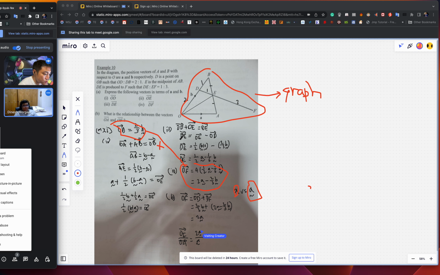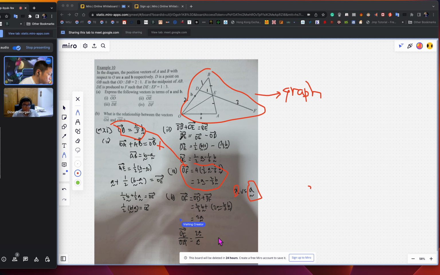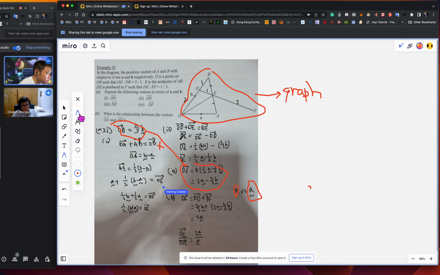If you have this, you know what it means? The answer is 2 in this case. It means it's a scalar, not scalar, it's a multiple factor. So in a way, you have the same line or the same direction.